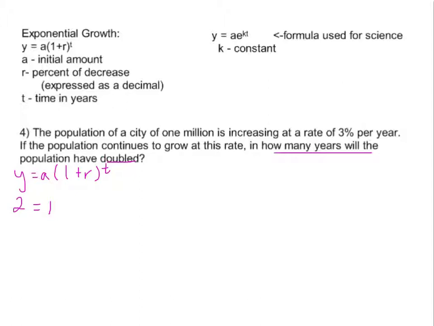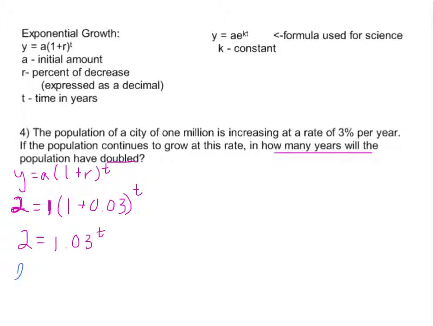There's no sense in writing all the zeros after 1 million and 2 million. We can just say our initial amount is 1 and our ending amount is 2 because it was doubled. And then 1 plus the rate, so 0.03 to the t. Dividing both sides by 1 doesn't change the 2, so we now have 2 equals 1.03 to the t.